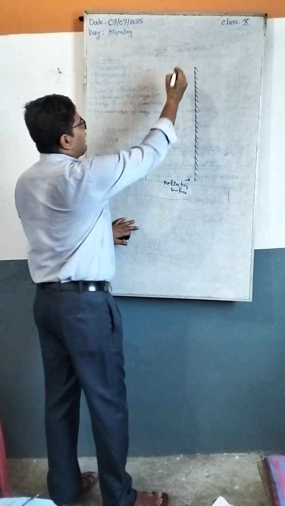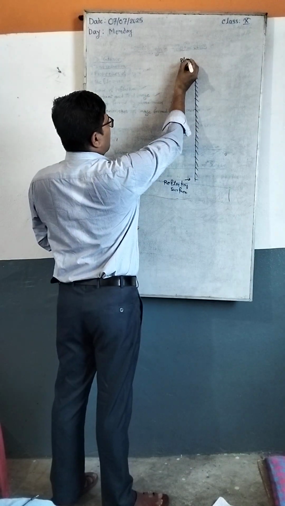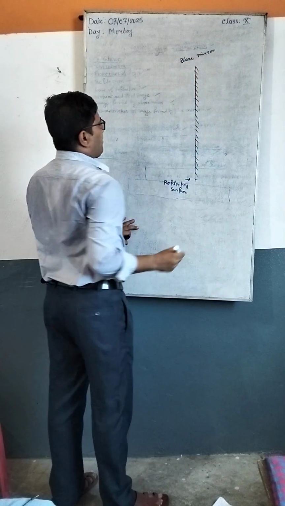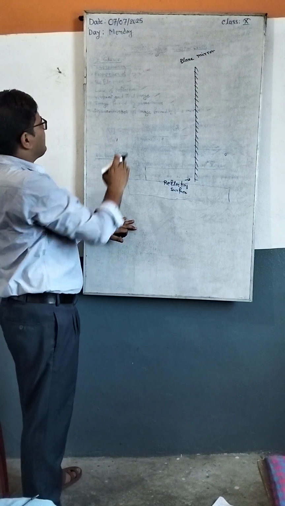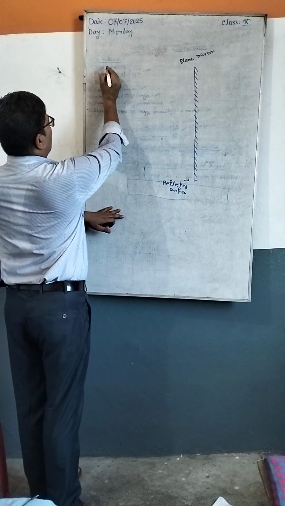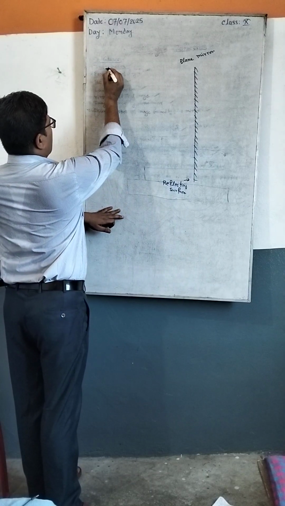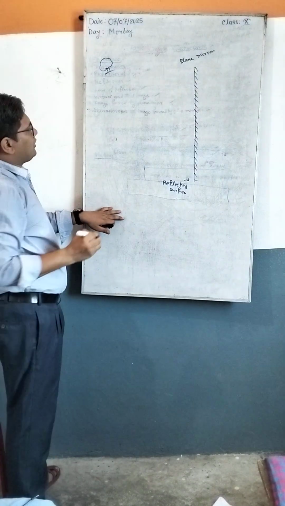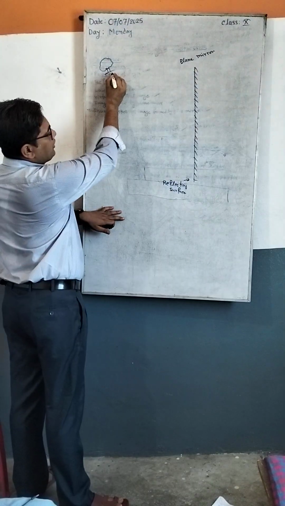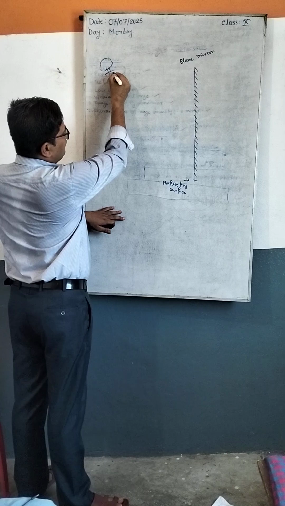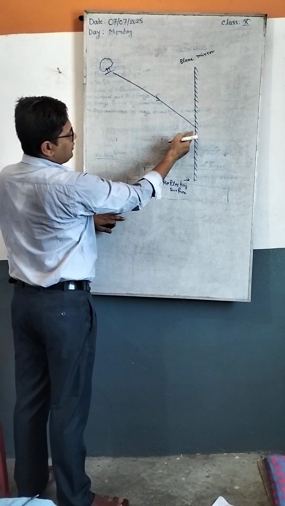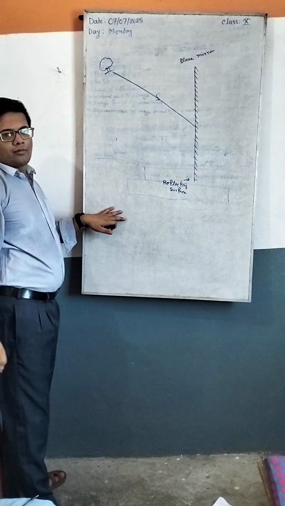Now I take the same plane mirror. Suppose here is an object, that is a tree. When light comes from the object, it strikes the plane mirror.